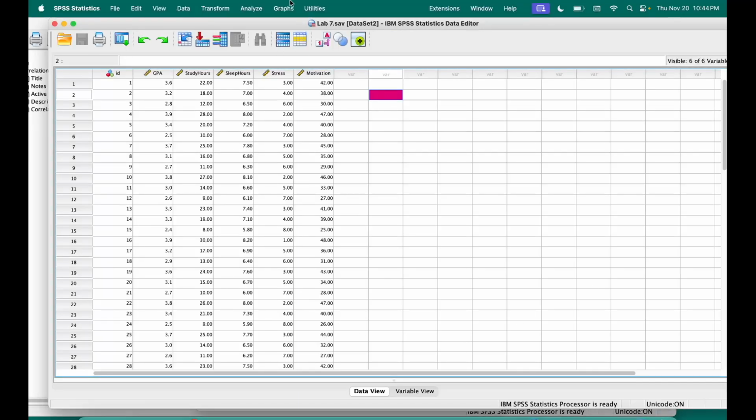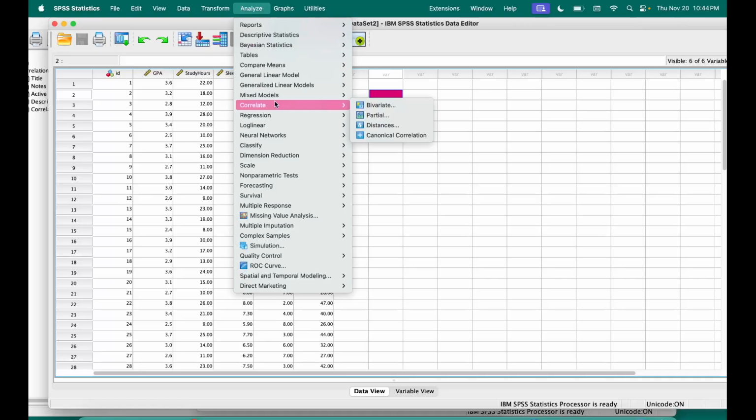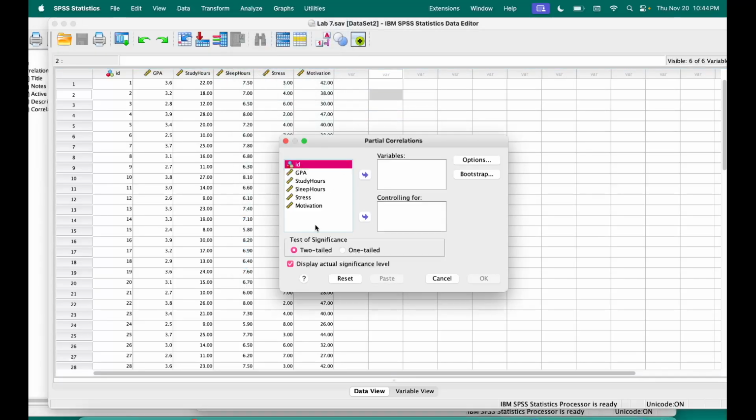And in terms of this assignment, I will let you decide which third variable you introduce into the correlation of interest that you examine. But essentially what you need to do is go to correlate, partial this time, and you're going to put in the variables you're interested in examining, and then put your third variable in this box.